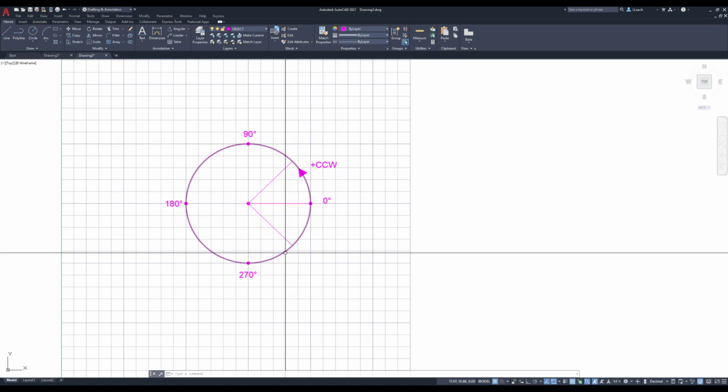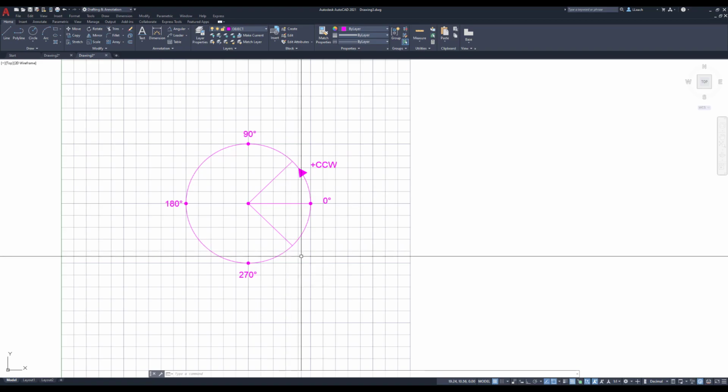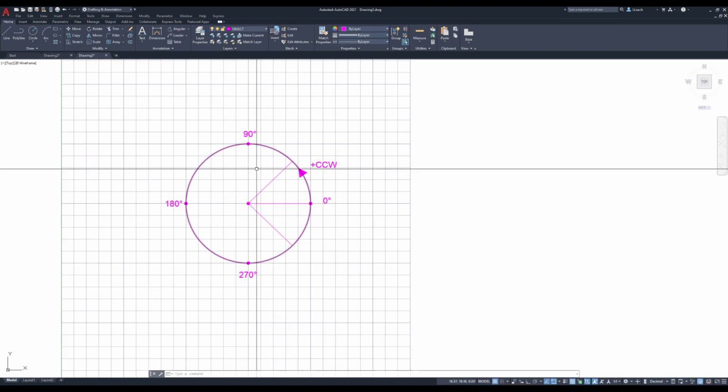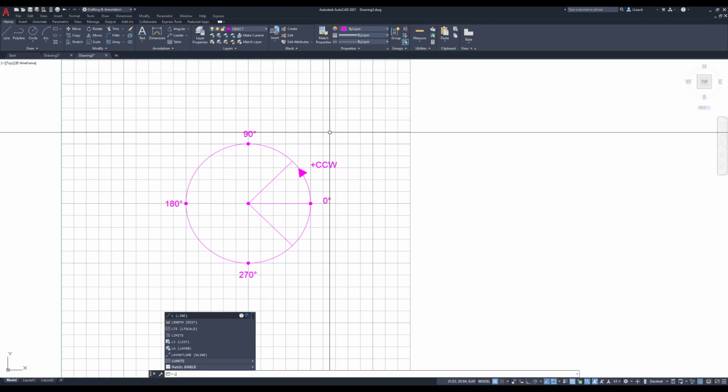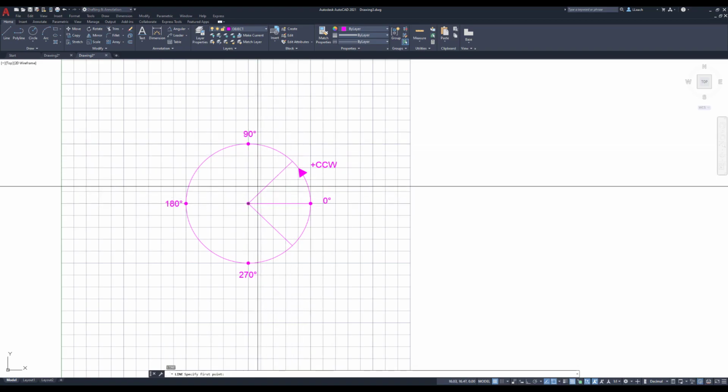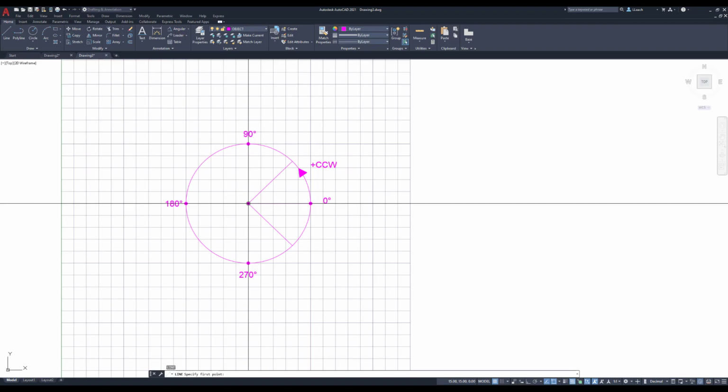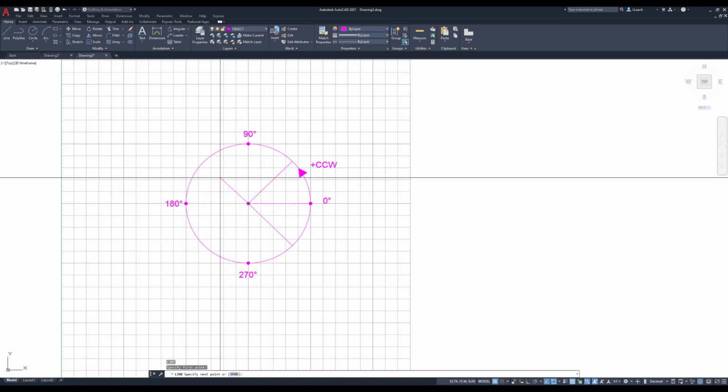Just make sure that you type in the less than symbol after your length, and then type in whatever angle you want to go to. Let's do one more, shall we? Sure, we got time. I'm going to type in L for line and start at the center here.